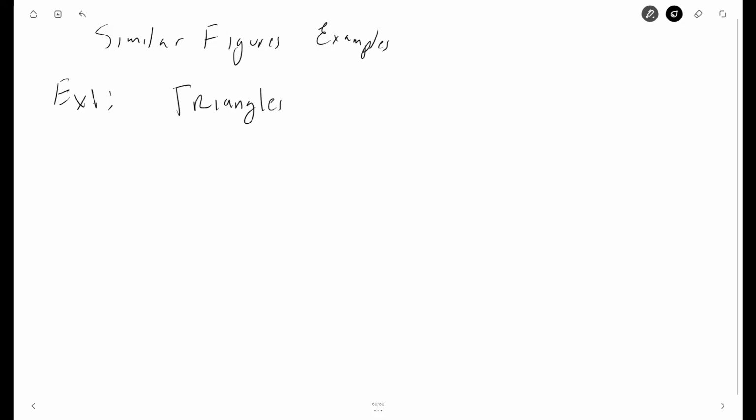Now let's do geometric similar figures examples. Let's do example 1. Triangle. So we have triangle A and triangle B. Let's draw two triangles.